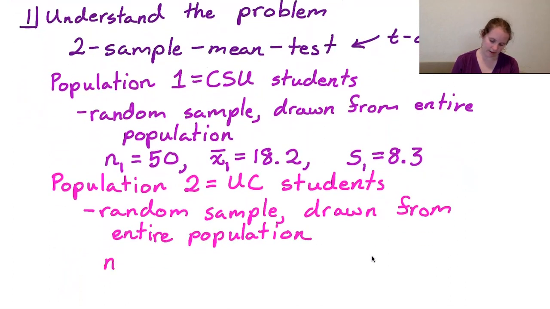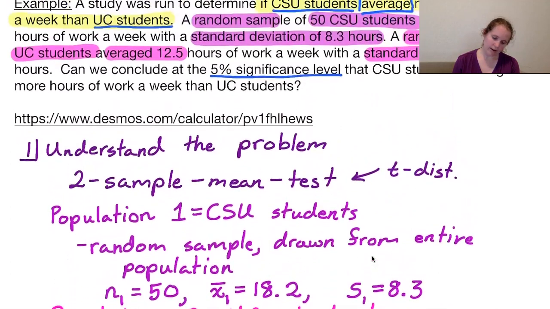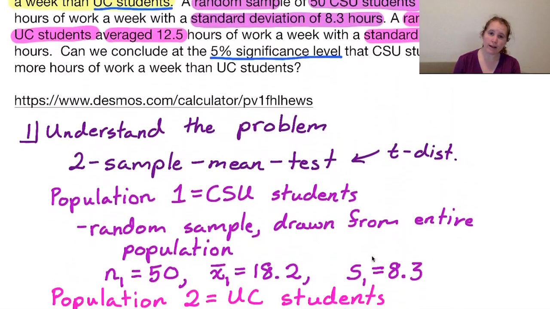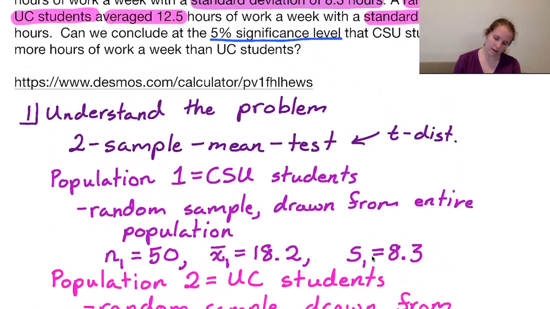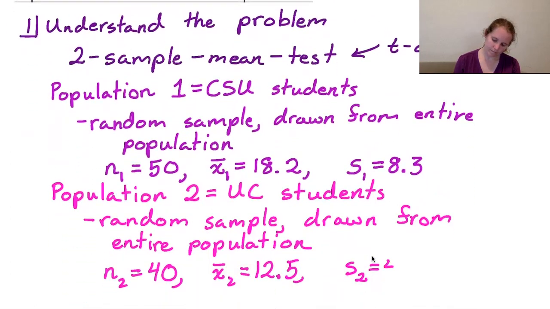The sample size n2 was 40. The mean was 12.5, so x2 bar is 12.5. And the sample standard deviation s2 was 4.5. And then the other information we had is that it's a 5% significance level. So this is all of the information pulled from the problem, labeled with symbols.